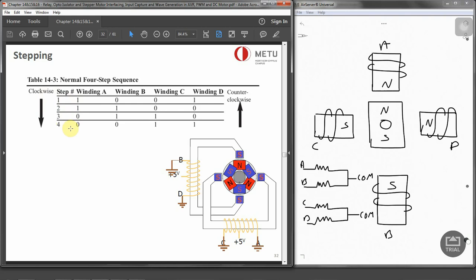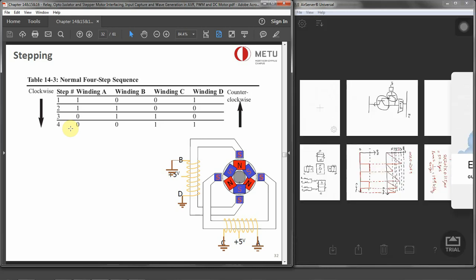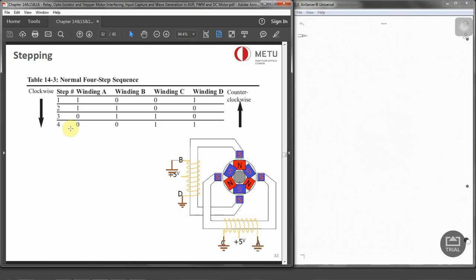After completing every 4 steps, the rotor moves only 1 tooth pitch. So 4 steps equals 1 tooth pitch. You might ask how much movement is associated with a single step. That totally depends on the internal construction of the motor, in particular the number of teeth on the stator and the rotor.